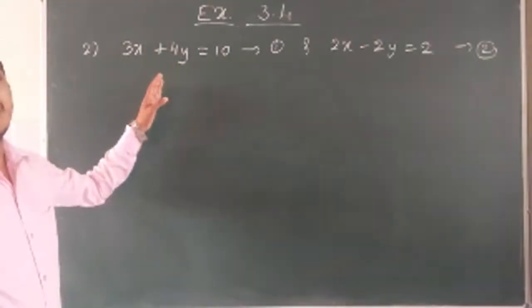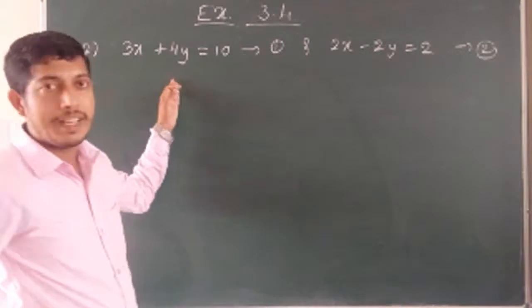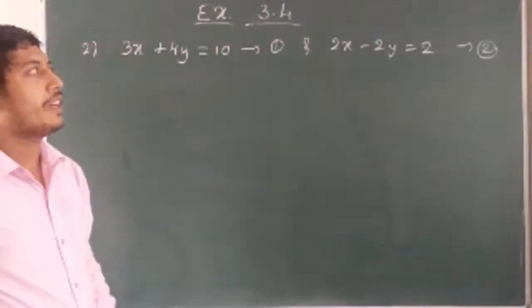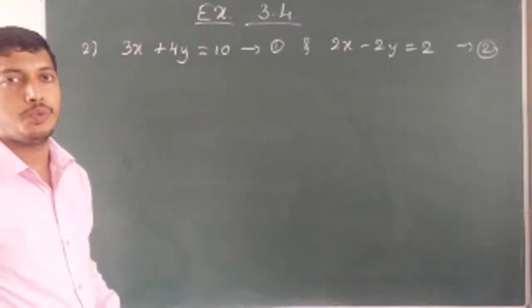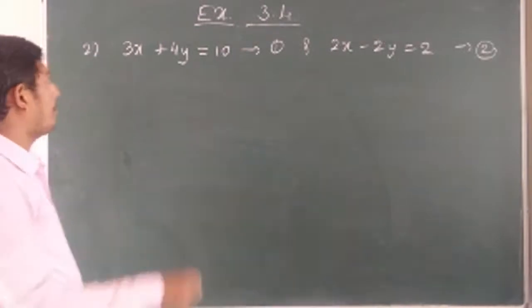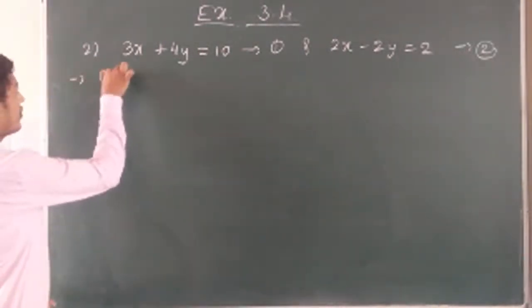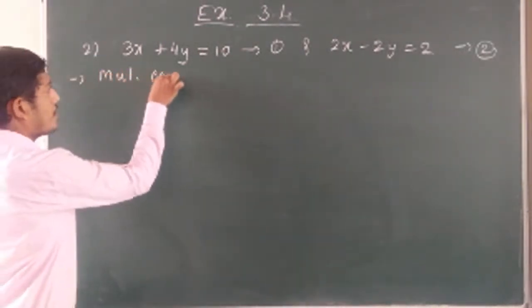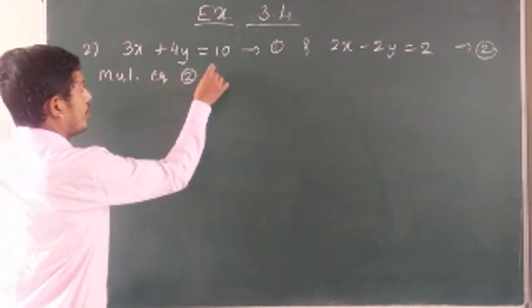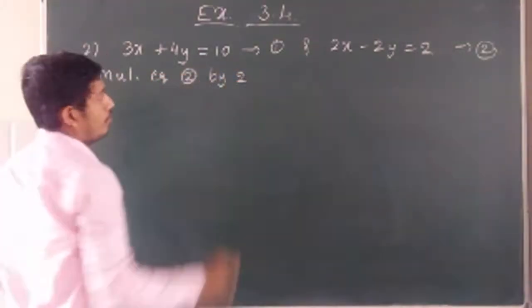So now we can easily eliminate the value of y, that is by multiplying equation 2 by 2. Okay, multiply equation 2 by 2.